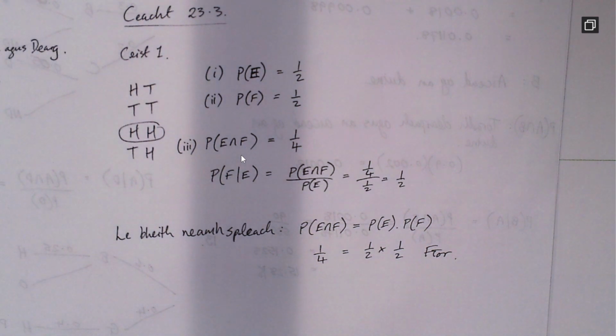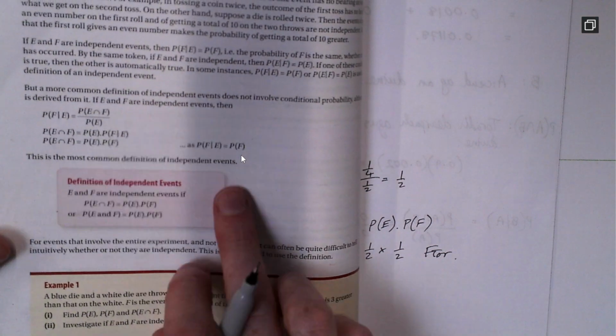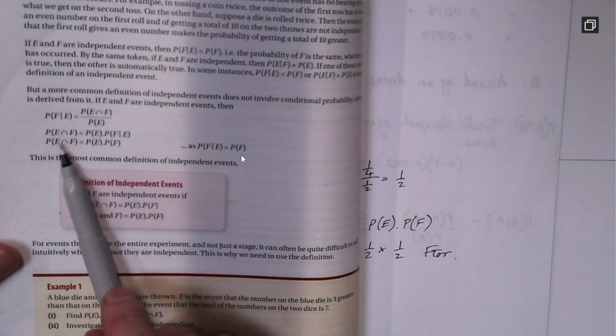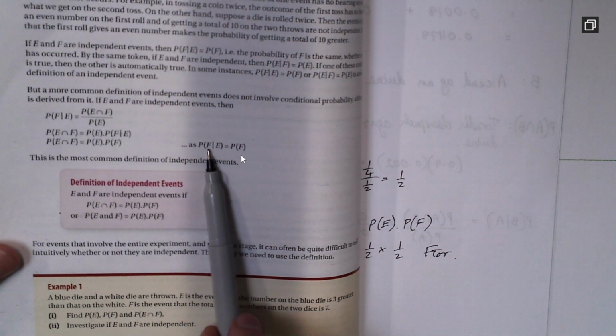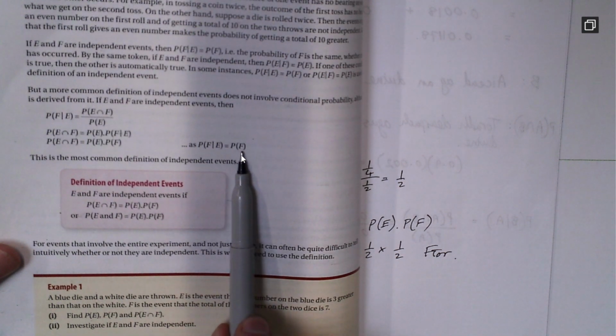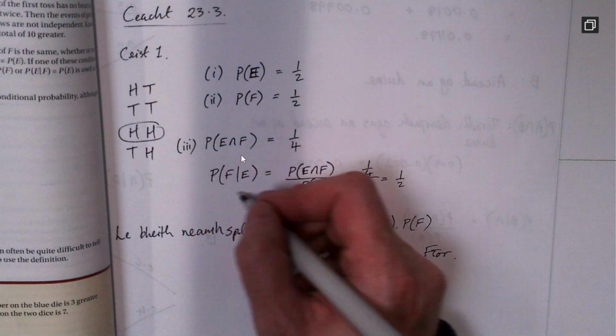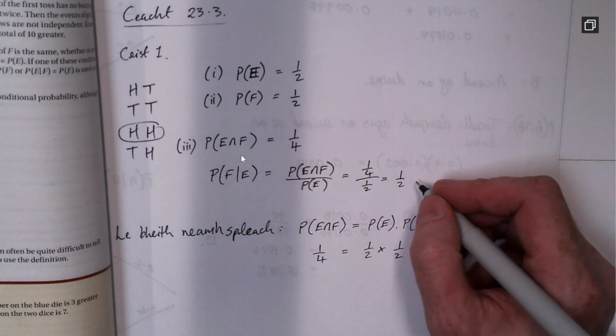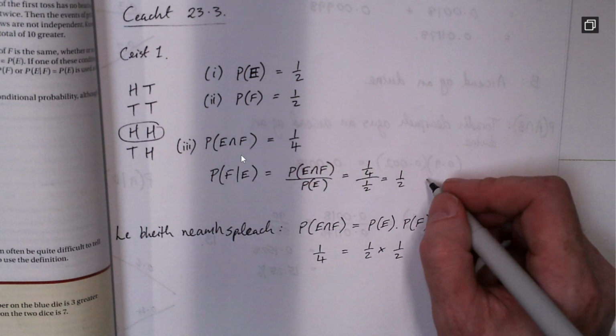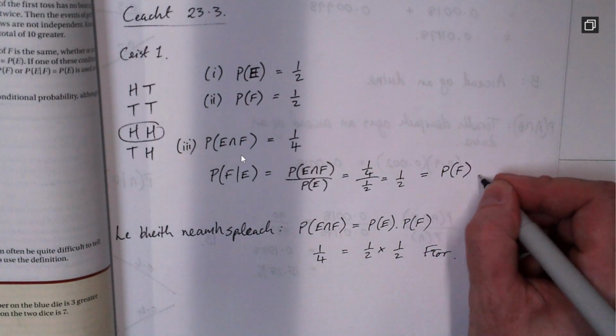Now, for the first part, if the events are independent, if the probability of F given that E occurs is equal to the probability of F, then they are independent. So the probability of F given that E occurs is equal to the probability of F, which is half.